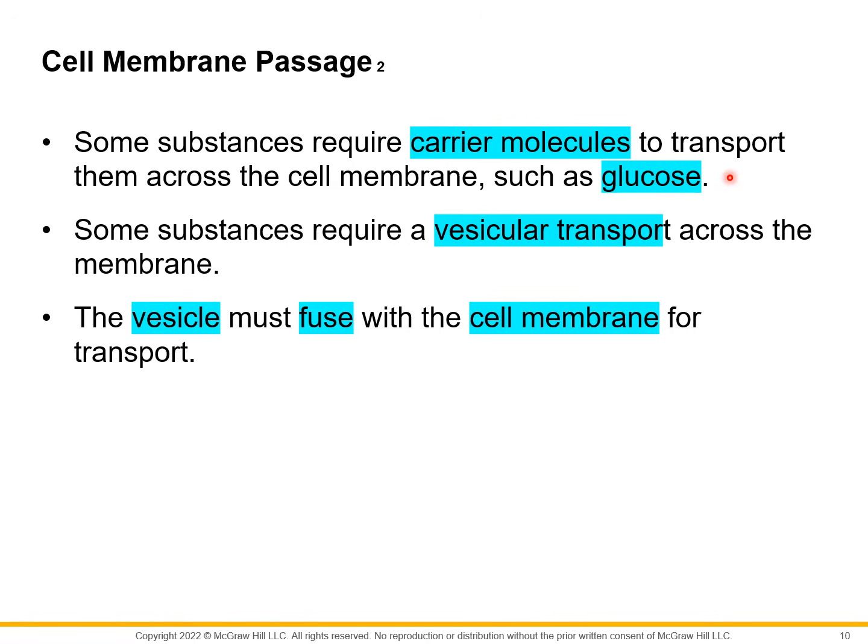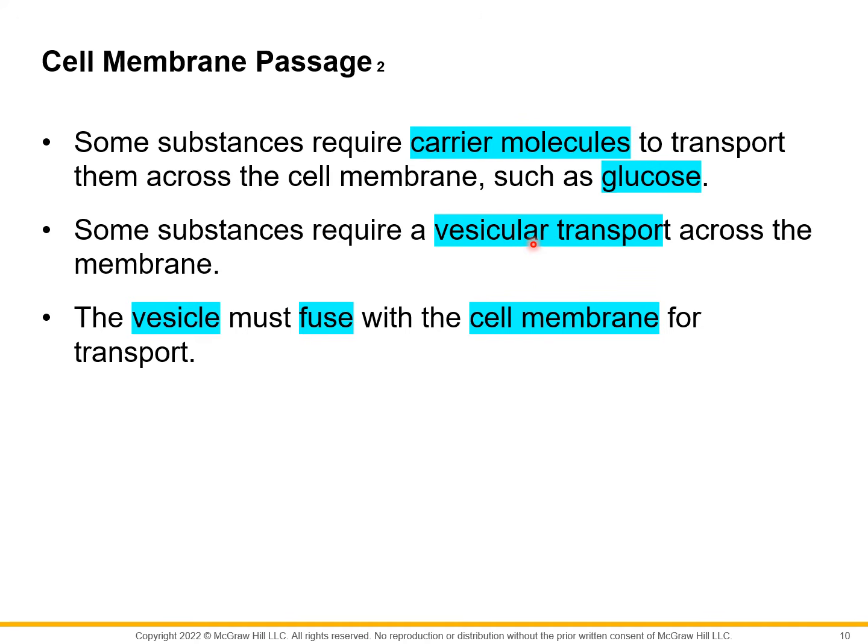So for glucose, although it is a very important substance, hindi rin ito basta-basta nakakadaan through the cell membrane. So it needs carrier molecules, meaning it needs other structures, no, or molecules na dadalhin ito papunta sa loob ng cell. It can't just pass through the cell like oxygen and carbon dioxide could do.